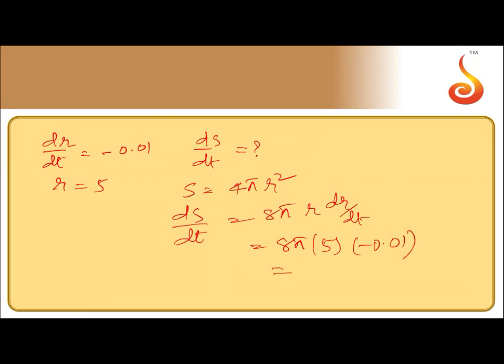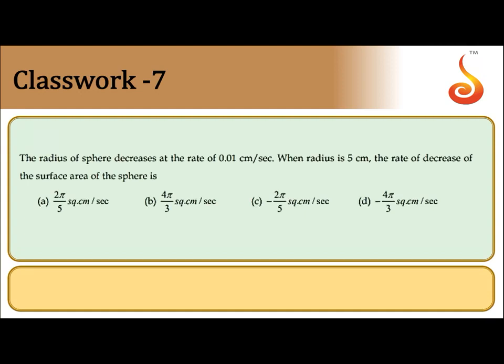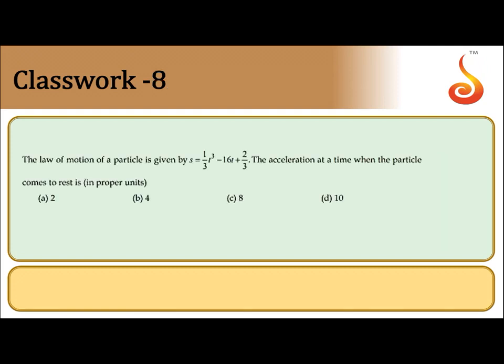Simplification gives us 40 pi multiplied by 1 by 100, so you'll be getting 2 pi by 5. Right? Yes. Coming to next one.